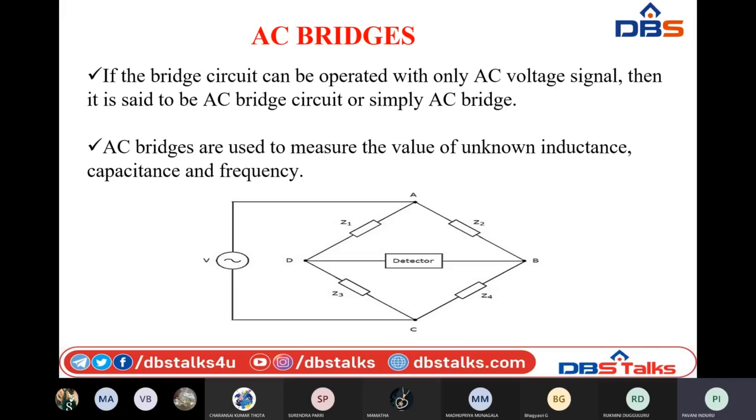That means resistor and capacitor in parallel, or inductor and resistor in parallel. Any construction is possible in AC bridges. If any of the arms contain a resistor along with a capacitor or inductor, then it is nothing but impedance. So here we have 4 impedances, Z1, Z2, Z3 and Z4.